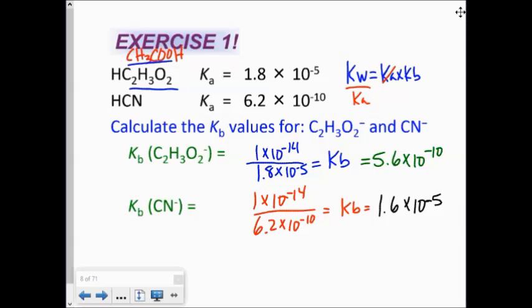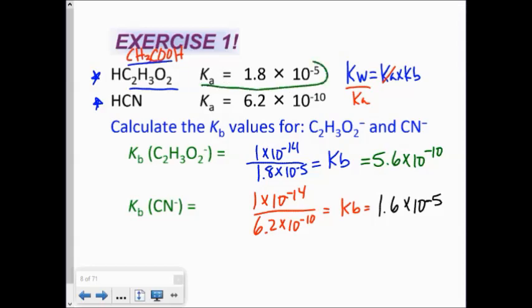Out of those two acids, which one is the stronger acid? Well, here are our two acids up here, the HCN and the acetic acid. By looking at their Ka values, I can tell which one's the stronger one, which one ionizes more.